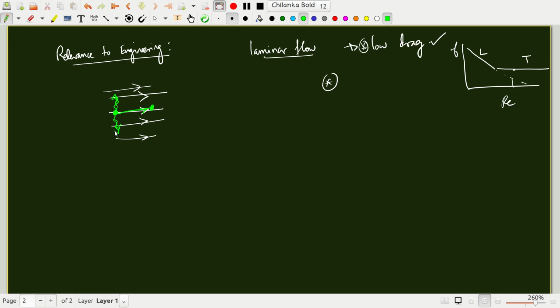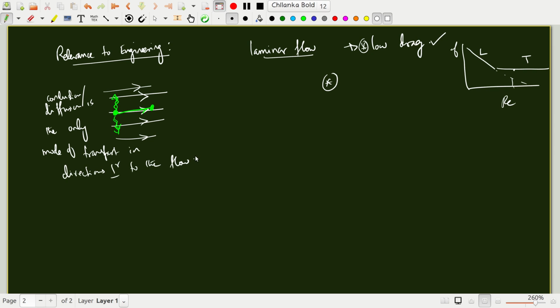So in pure laminar flows with very simple streamlines, the cross-streamline transport of heat or mass is limited only by diffusion. Diffusion or conduction is the only mode of transport in directions perpendicular to the flow.